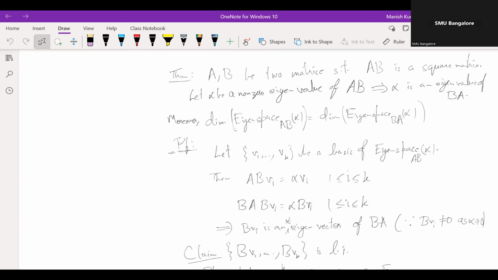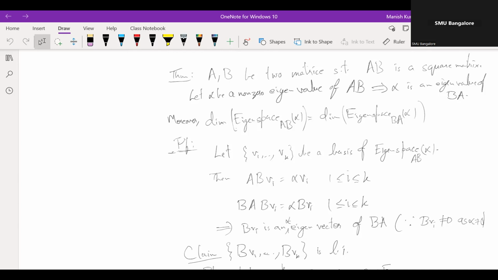Yeah, Vi in fact form a basis, right? So that will enforce that alpha is zero. Yeah. So since alpha is non-zero, BVi must be non-zero, because ABVi is non-zero, right? So in particular, we have proved that alpha is an eigenvalue of BA.